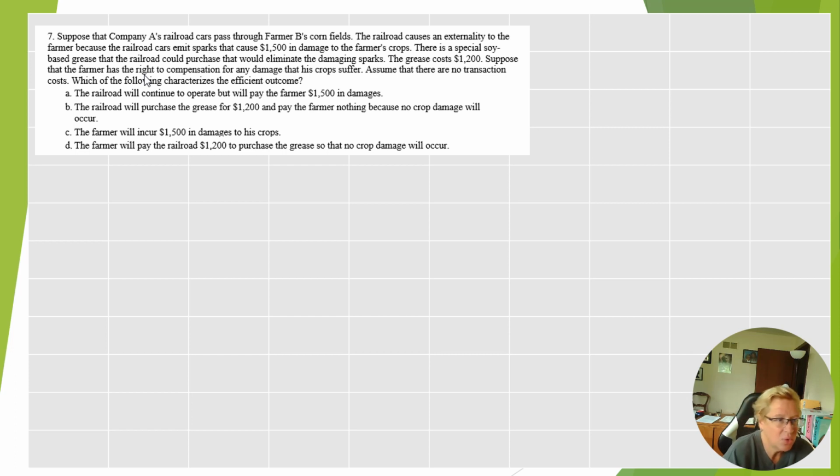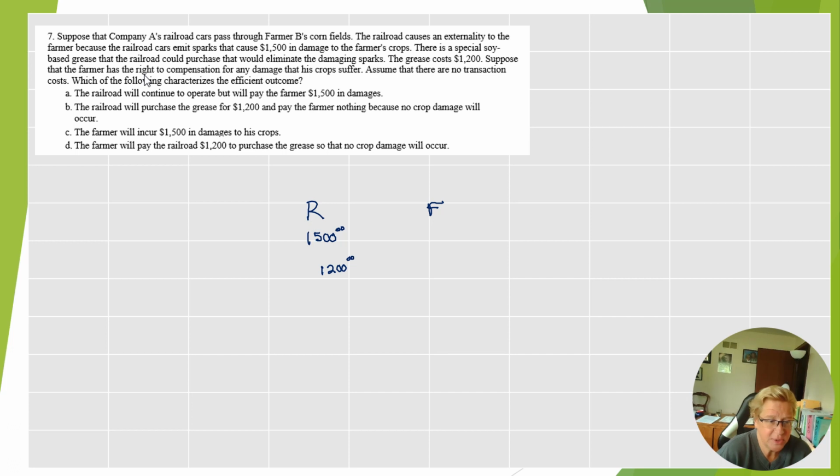Okay, so basically what we have is the railroad and the farmer. When the railroad comes through, it could emit $1,500 worth of damage to the farmer, or it could buy this $1,200 grease to stop that from happening.